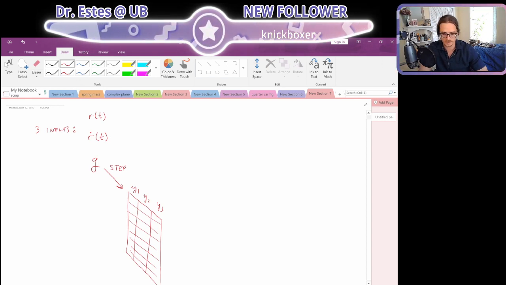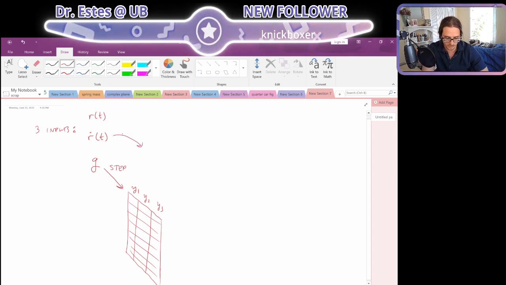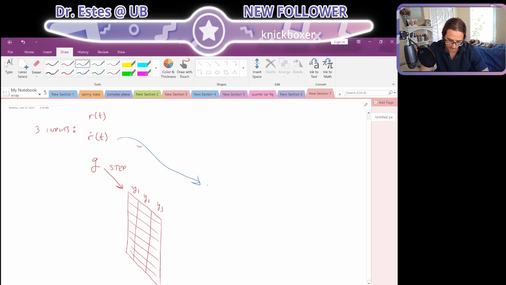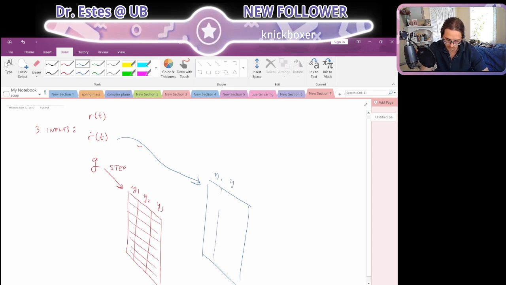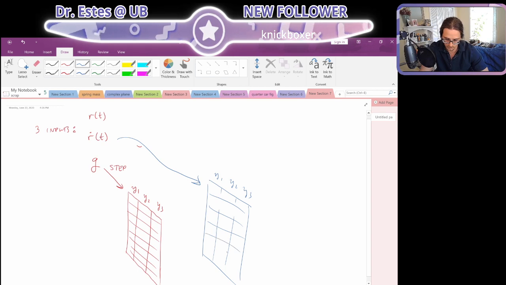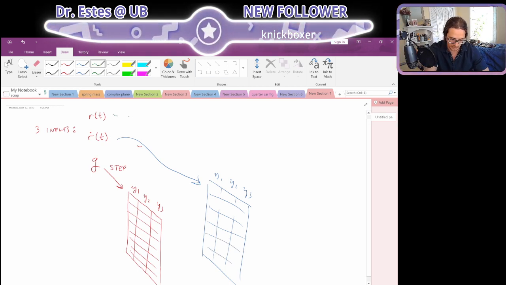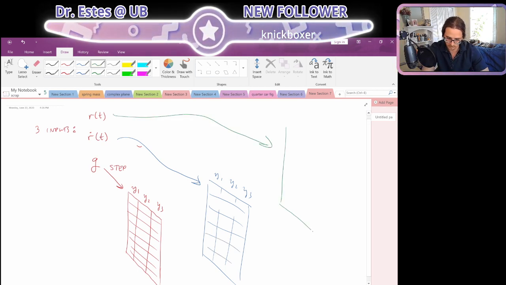But when you run the step command, it also does a step for the road velocity. Maybe I'll put this over here. And it makes another matrix for that, just considering that by itself. And this one makes even another one.